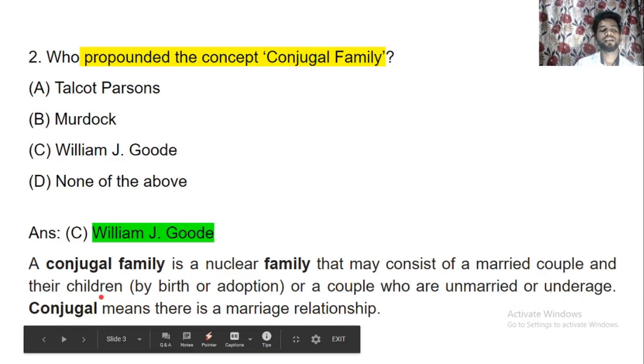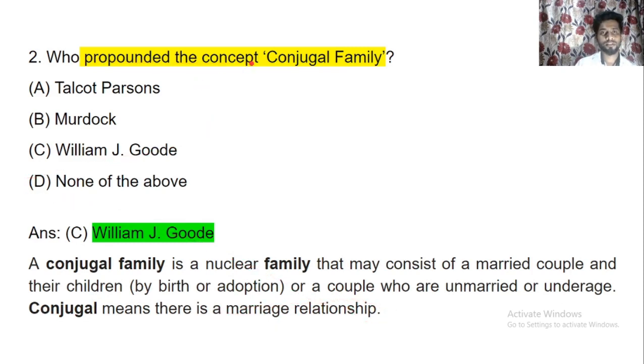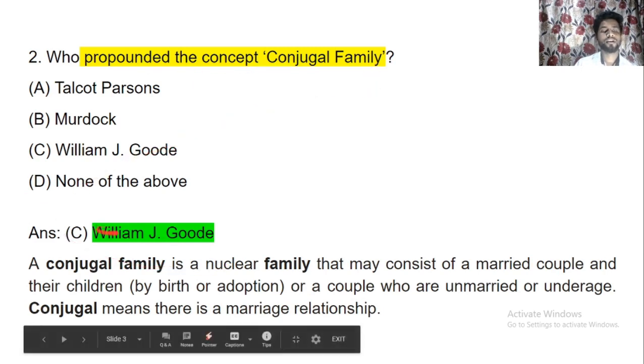Conjugal family normally means there is a marriage relationship. This is the most important fact: conjugal means there is a marriage relationship. So about who propounded the concept conjugal family, your answer will be William J. Goode.